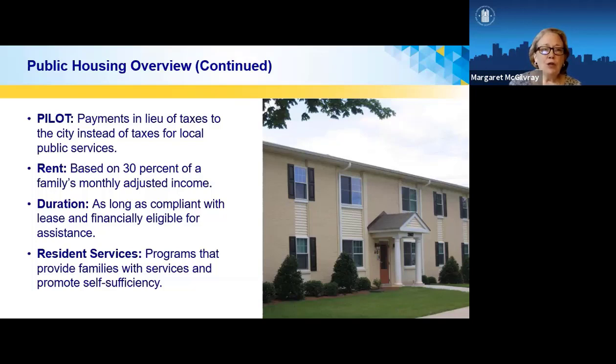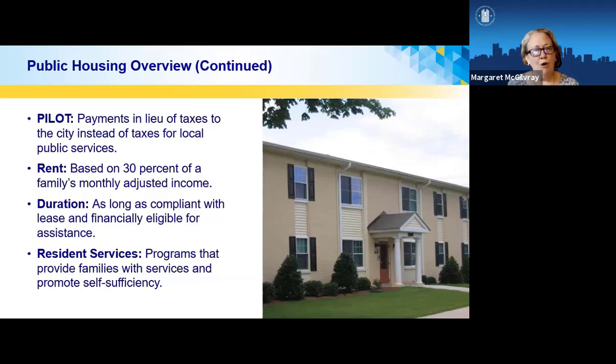So let's go on and talk a little bit about the Section 8 program. What is a Housing Choice Voucher? The Housing Choice Voucher program is also a major federal program from HUD for assisting very low-income families, the elderly and the disabled, and again, to have decent, safe, and sanitary housing. But in this case, it's in the private market.